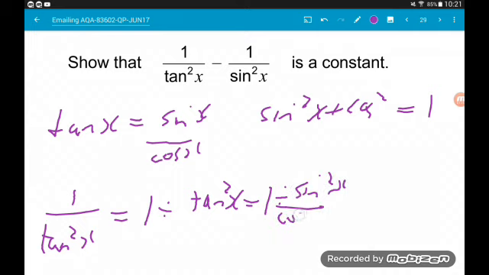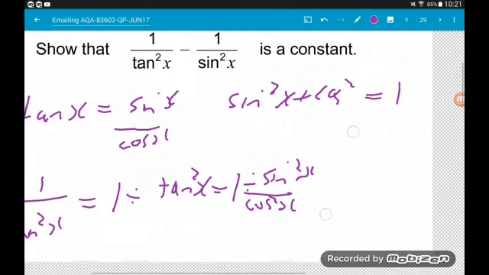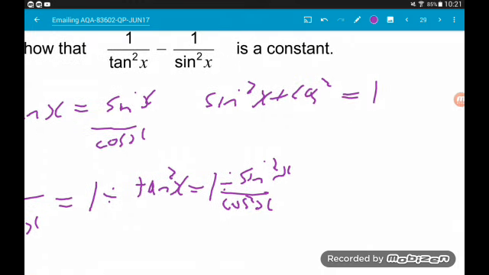which is saying 1 divided by sine squared over cos squared x. So when you divide by a fraction, you flip it over and multiply. So this is going to become actually just cos squared x over sine squared x.